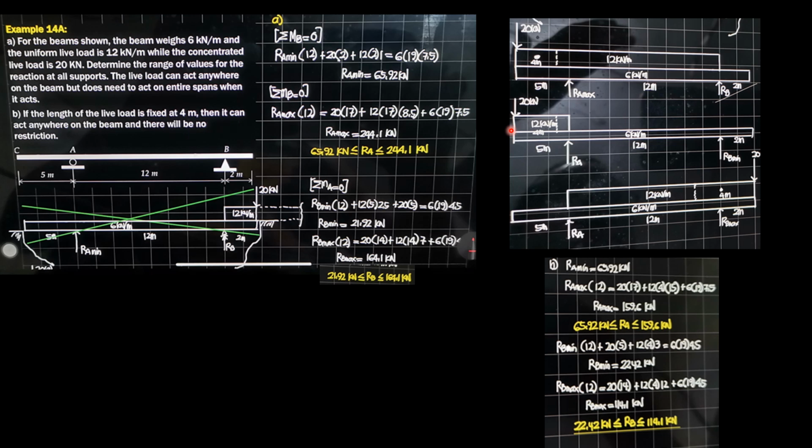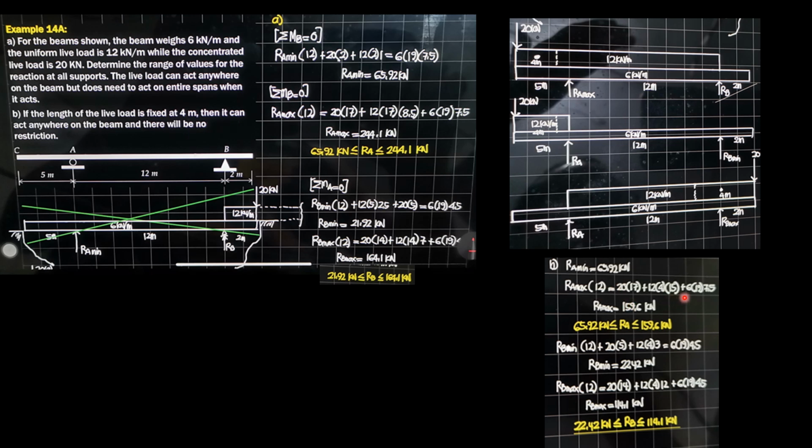So for RA maximum, summation moment about B equals 0. RA maximum times 12 equals 20 times 17 plus 12 times 4 times 15. So 15 is 17 minus 2.